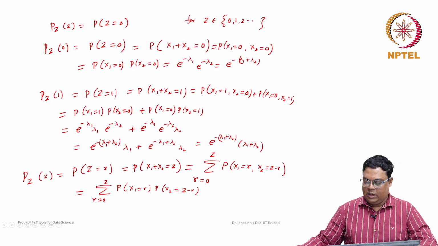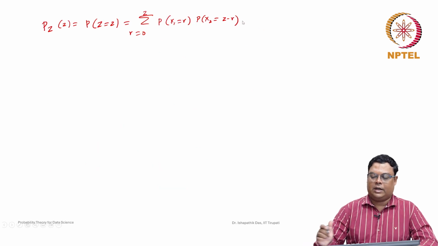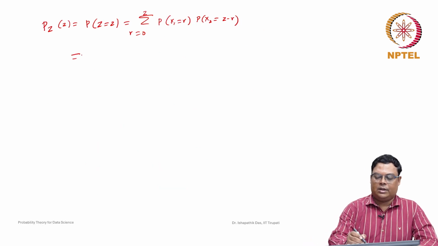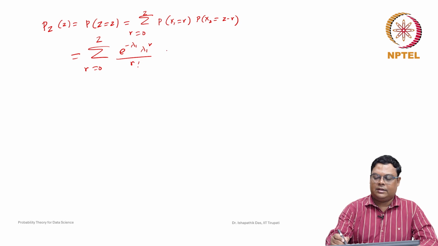Now we will use the probability mass function. Because x1 is a Poisson random variable with parameter lambda 1, it is e to the power of minus lambda 1, lambda 1 to the power r by r factorial, and this is e to the power of minus lambda 2, lambda 2 to the power z minus r by (z minus r) factorial.